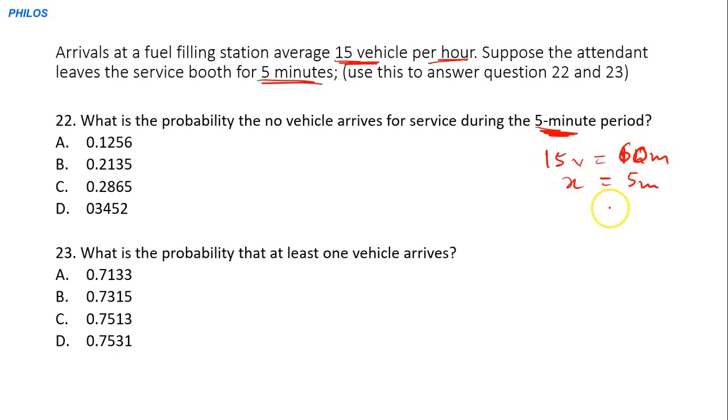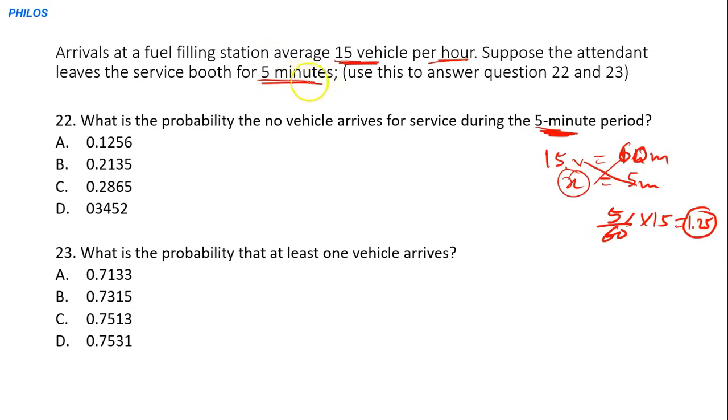So to get it, we can say 5 over 60 times 15. I'm doing cross multiplication, 5 times 15 over 60 to get x. For this you get 1.25 as the mean for 5 minutes.